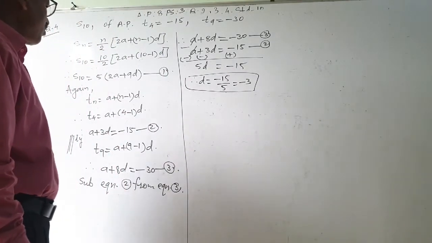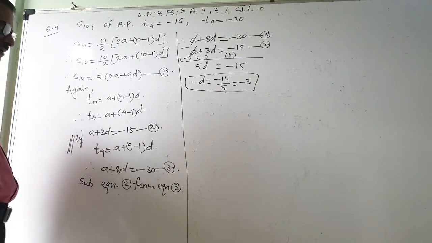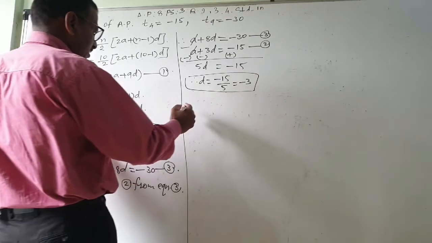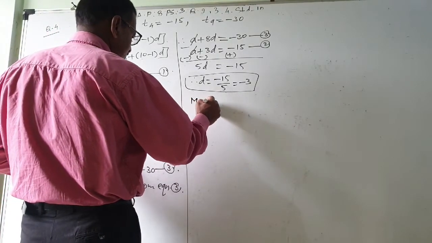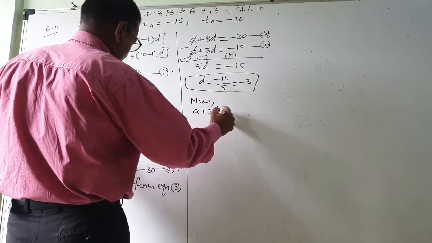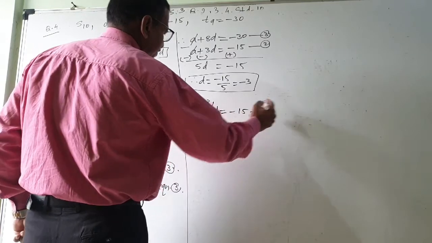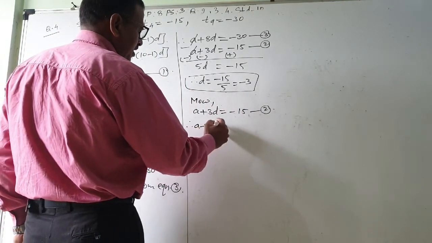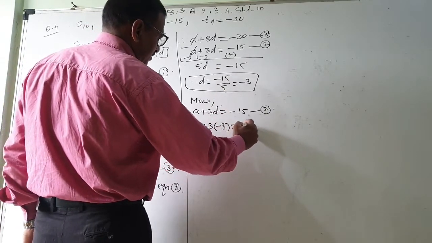Now you want a. Here I have to substitute the value, then S10 I can find. How can I find it here? I will take the smaller equation. Now, a plus 3d is equal to minus 15. This is equation number 2. Therefore, a plus 3 into d value, which is minus 3, is equal to minus 15.